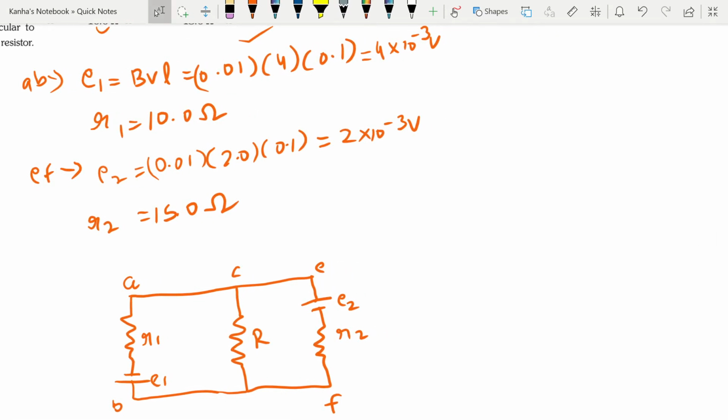Now from the right hand rule, we know that VB is greater than VA and VE is greater than VF. Also it's given that R is equal to 5 ohm.